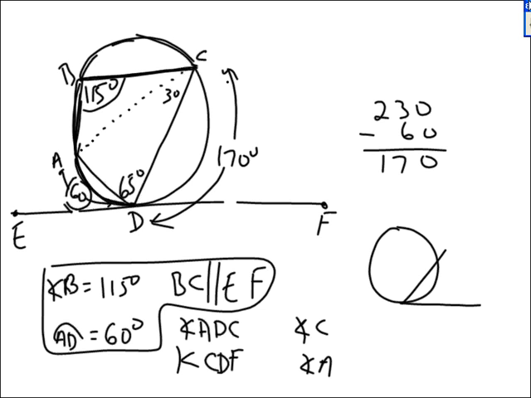Now, what we know is the arc from A to B is half the angle. The arc from A to B is 1/2 angle B, excuse me. No, sorry. Half of the arc is equal to angle B.